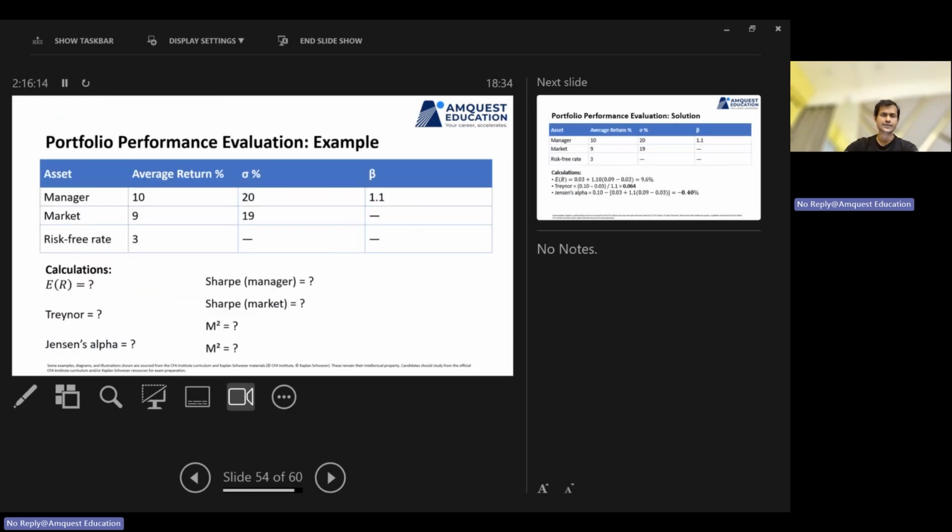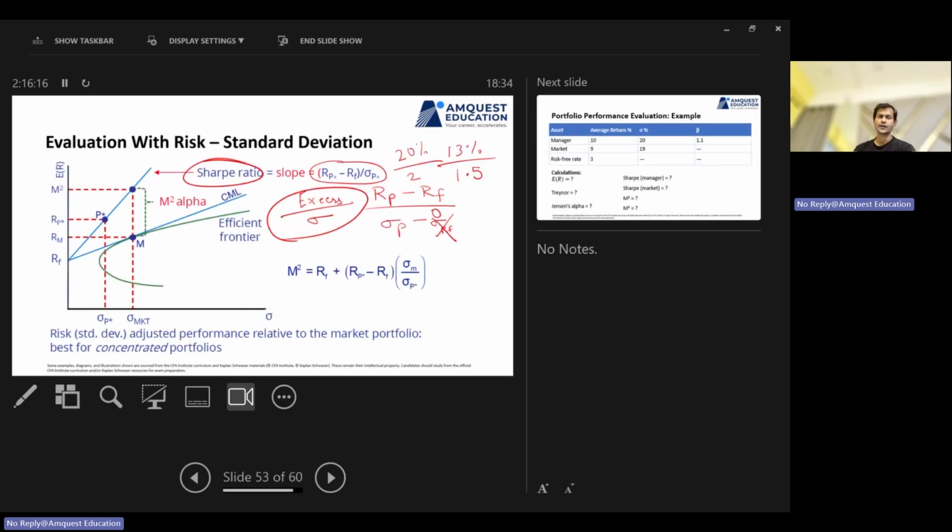Okay. Now let's come to the last ratio, which is called M square. M square ratio, a little tricky, is basically computing for you the risk-free rate plus the excess return on the portfolio vis-a-vis the risk-free rate. So this is nothing but the premium, but it is multiplying that with the ratio of the market risk and the portfolio risk.